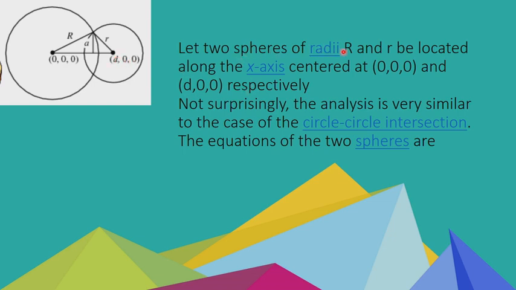So the two spheres of radii R and r lie along the x-axis, centered at the origin 0, 0, 0 and d, 0, 0 respectively. Not surprisingly, the analysis is very similar to the case of the circle intersection. The equations of the two spheres are, let us find.